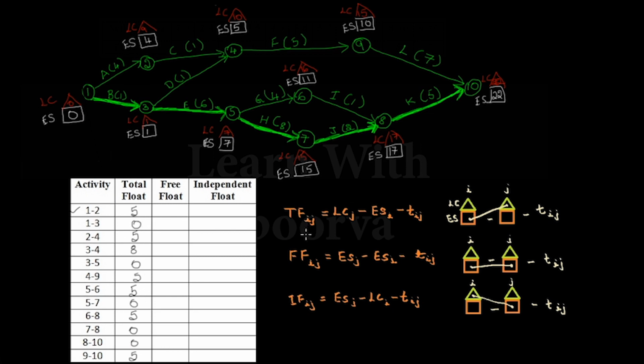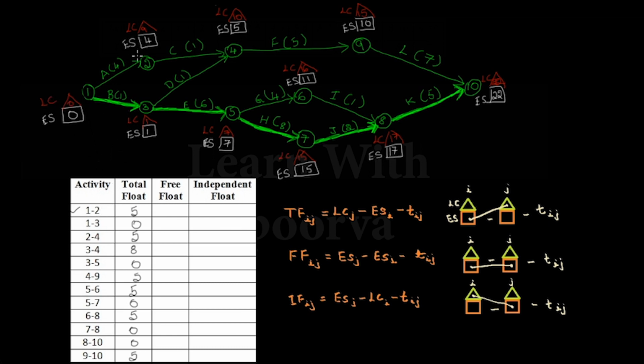So next let's move on to the free float. Free float will be calculated with this formula, where we are going to find the difference of the earliest start time of the jth node and the earliest start time of the ith node, and minus the activity duration. Again we will start with the first activity 1 to 2.